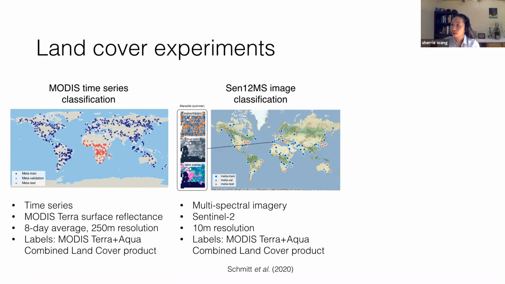This data set, SEN12MS, is multispectral, coming from the Sentinel-2 satellite at 10 meter resolution. Again, the labels that we have are the MODIS land cover product, which I should maybe mention is also a machine learning derived product. So one caveat is that it may not be doing as well in a place like Africa that's lower income.